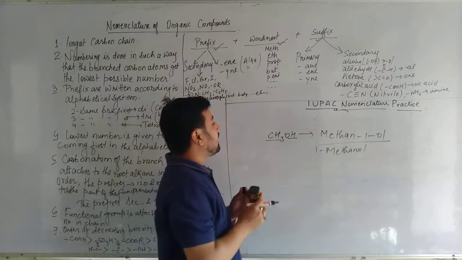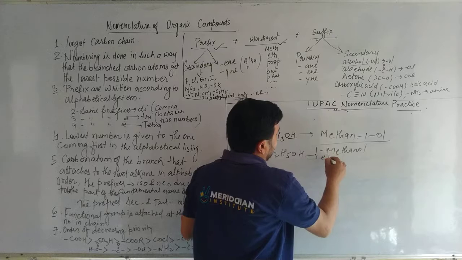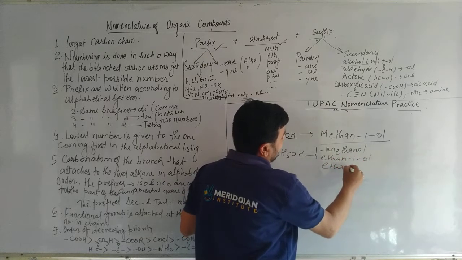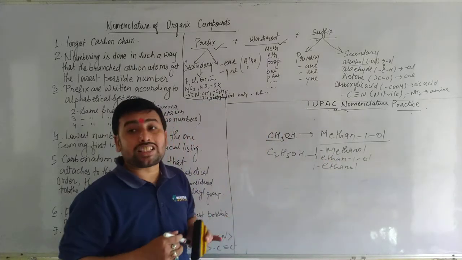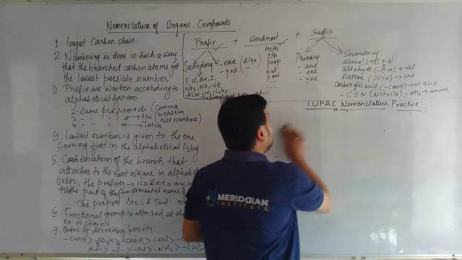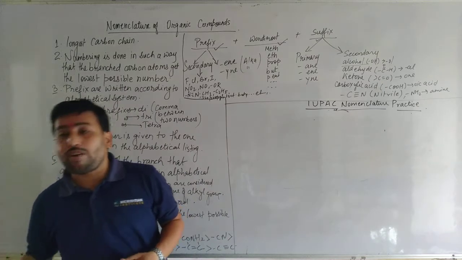Got it? Similarly, C2H5OH will be known as ethan-1-ol, or it will also be known as 1-ethanol. Propanol, butanol. If it is on the first position, fine, but if it is on a different position, then mentioning the position is compulsory.